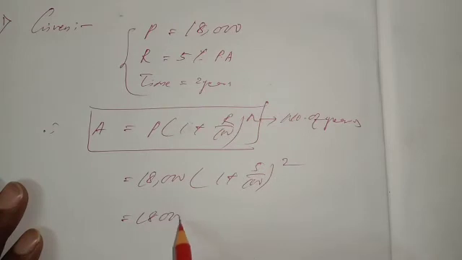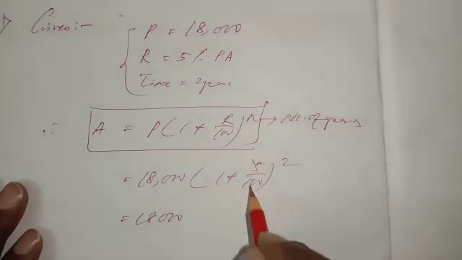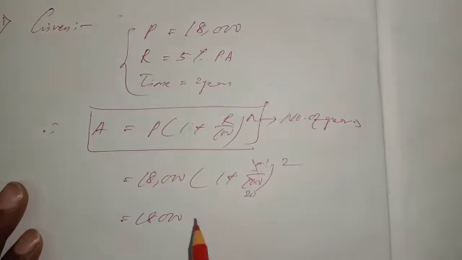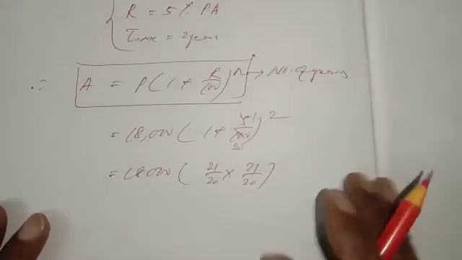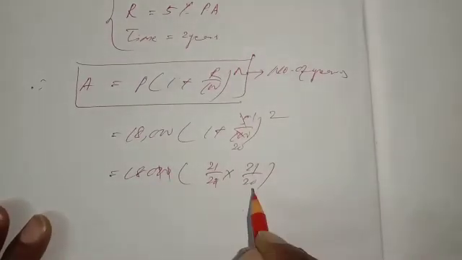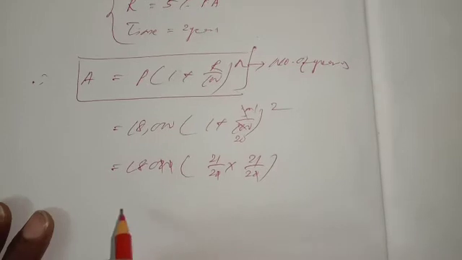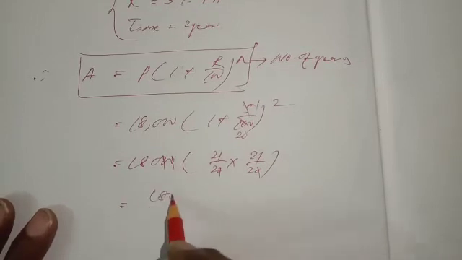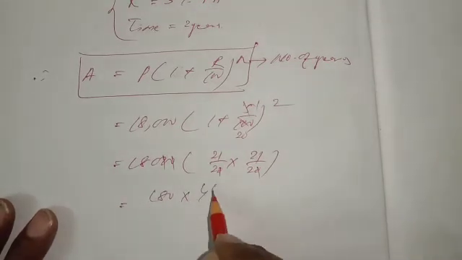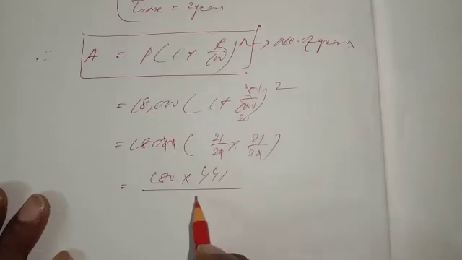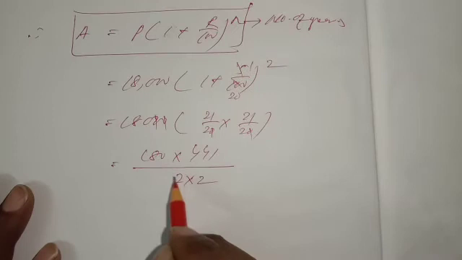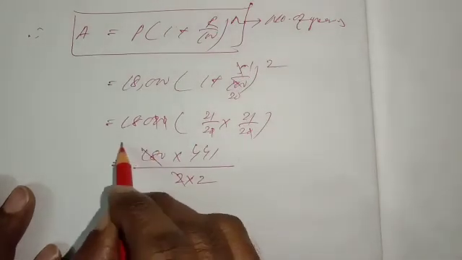18,000 times 21 by 20, 21 by 20, two times you have to write. Here the 20s cancel. Then this is 180 into 21, 21, that is 441 by 2 to the 4. 2 into 2, it will go by 2, 90.